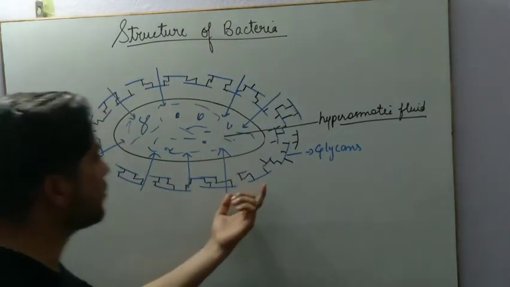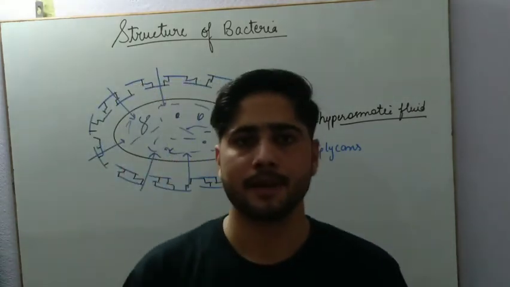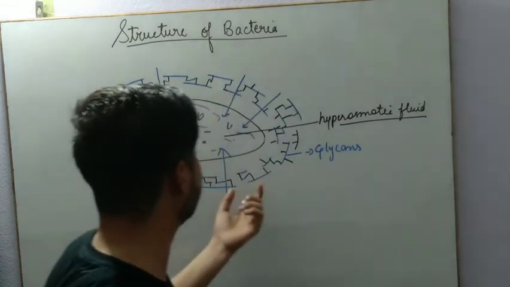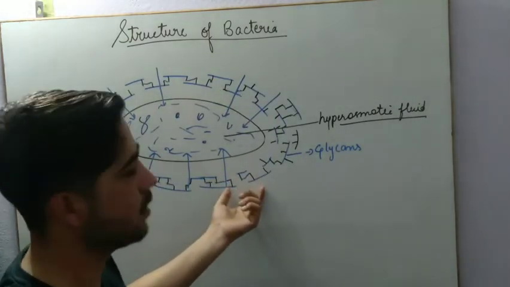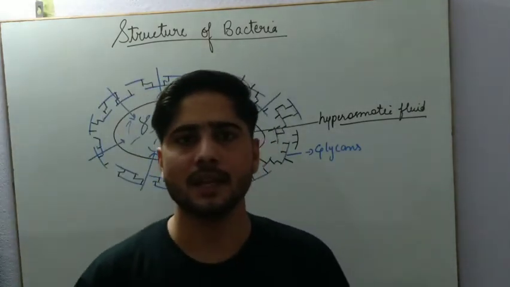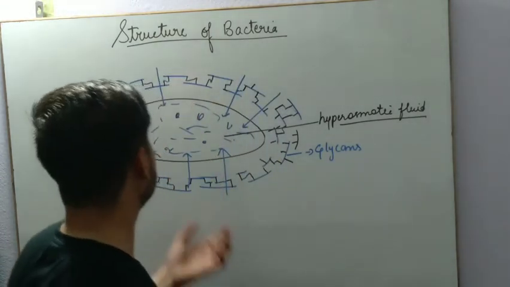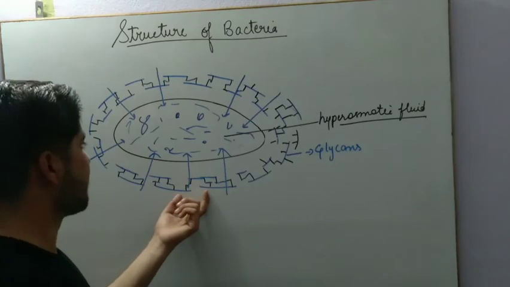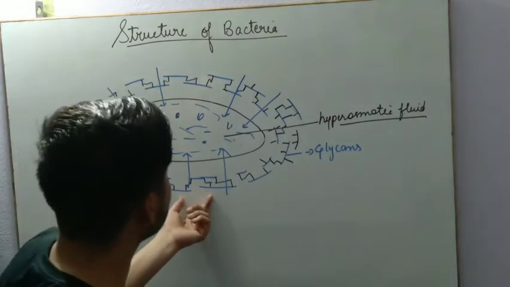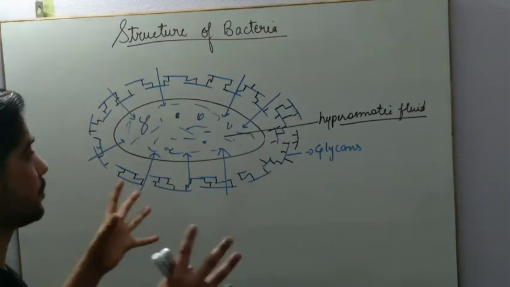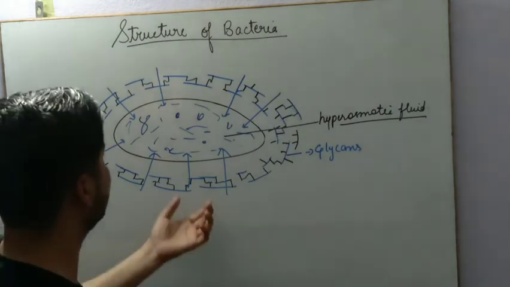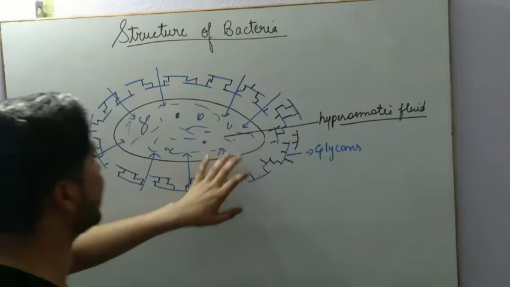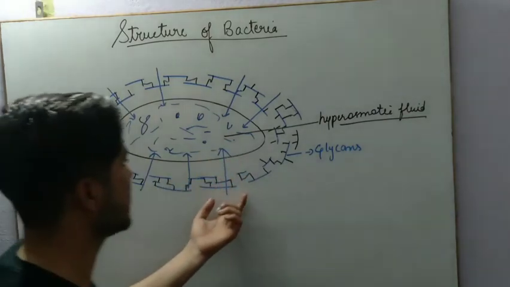And what are the main functions of the cell wall? We know that it gives a particular shape to the bacterial cell, and the second, most important factor, is that it protects the cell when fluid starts to enter through the osmosis process.